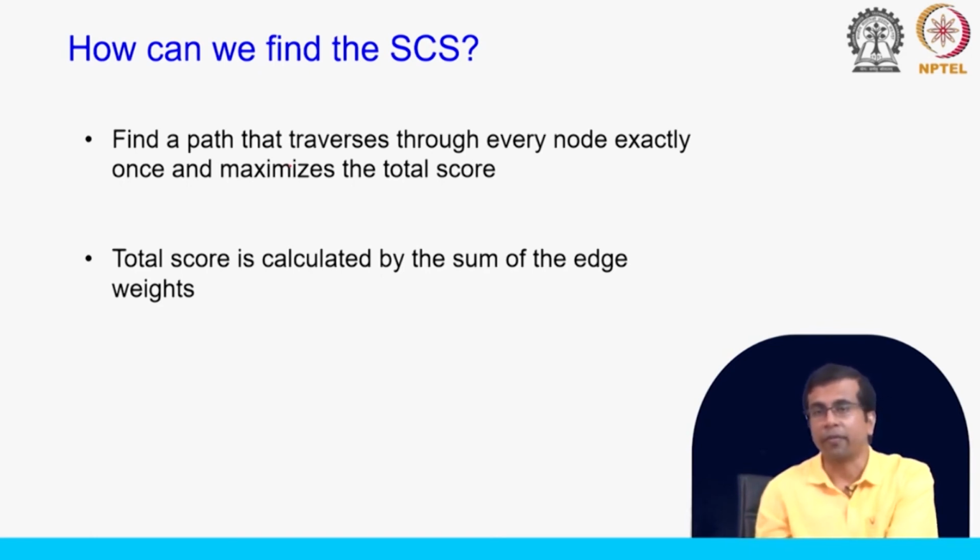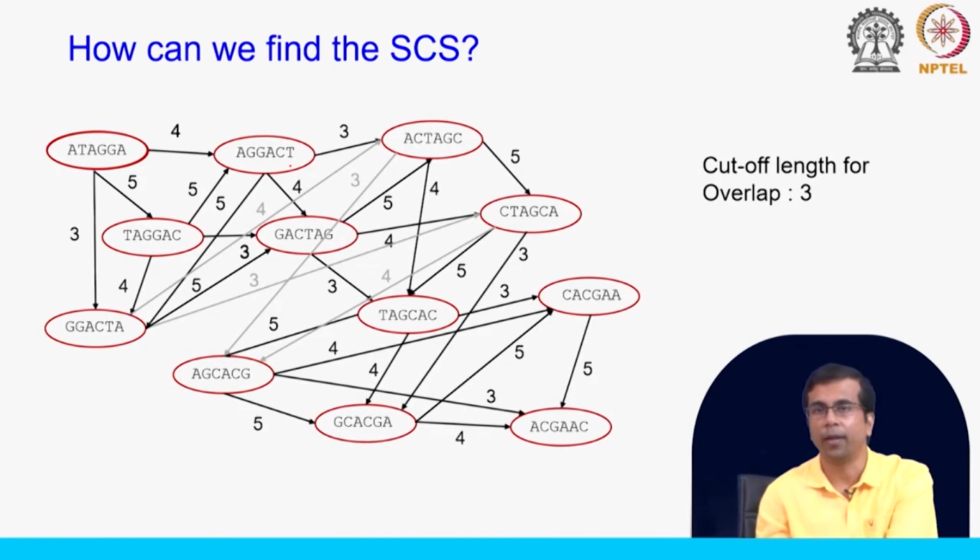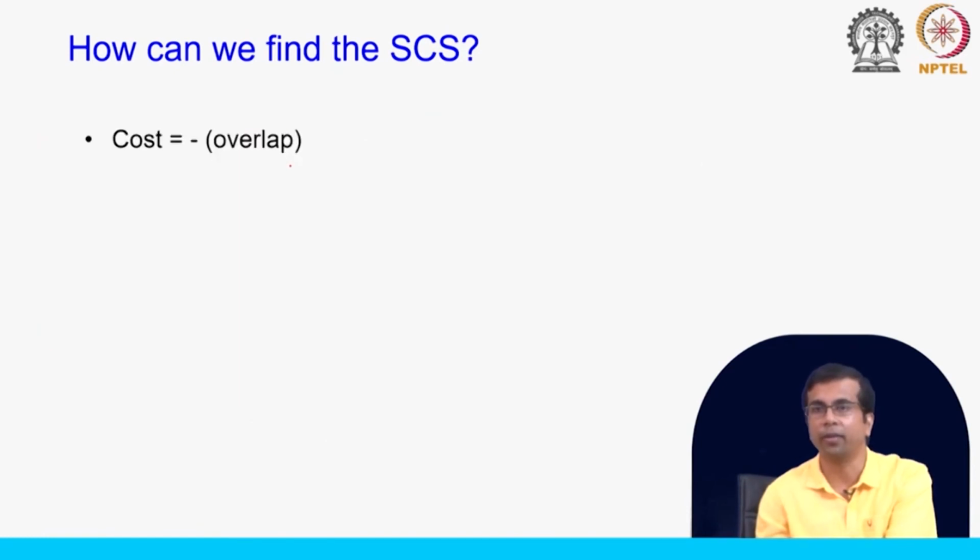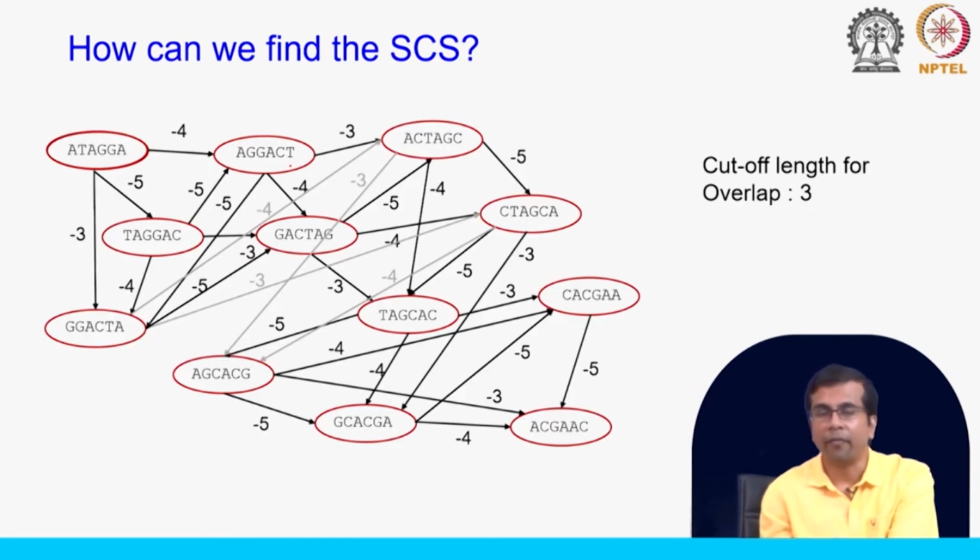So, how do you actually find this path? We will transform this score into something else. We can think about something called cost instead of these edge weights, or scores, and we can define cost as minus of overlap, just changing the sign. We are not doing anything else, and the graph will look the same.